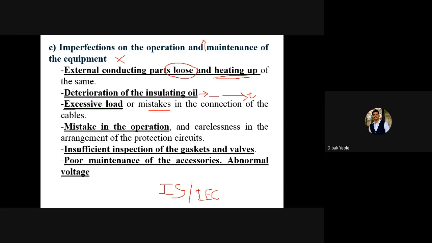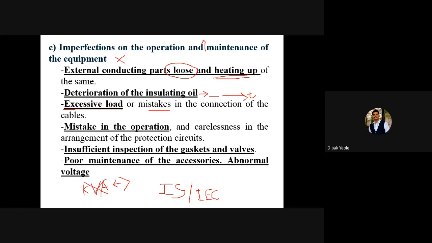Yes, because the transformer is rated in kVA. So we have to find out the kVA load which we can put on that particular transformer, then it can easily withstand that load. If you are overloading a particular transformer, then it is going to fail.